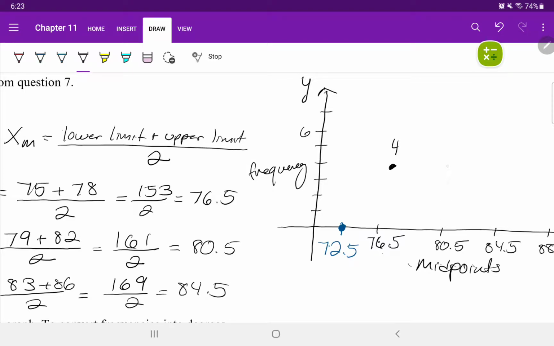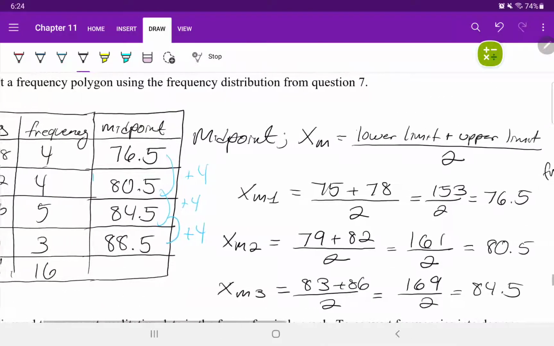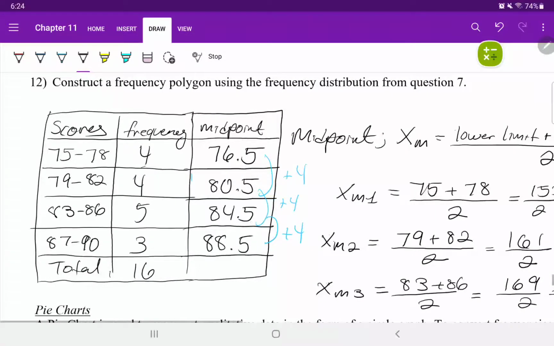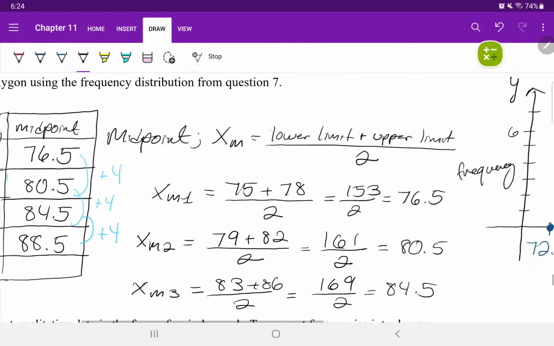That frequency was 4. Now, for 84.5, the frequency was 5.